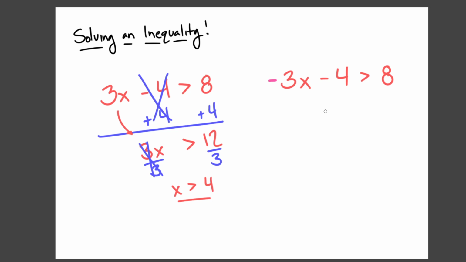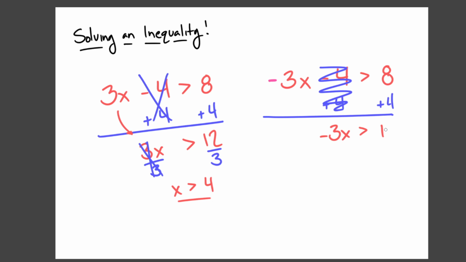As I go through, same steps as before. I'm adding 4 to both sides to cancel out that 4. These two cancel out, leaving me with negative 3x is greater than 8 plus 4, which is still 12.